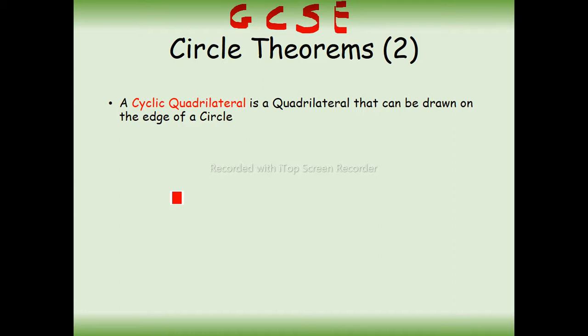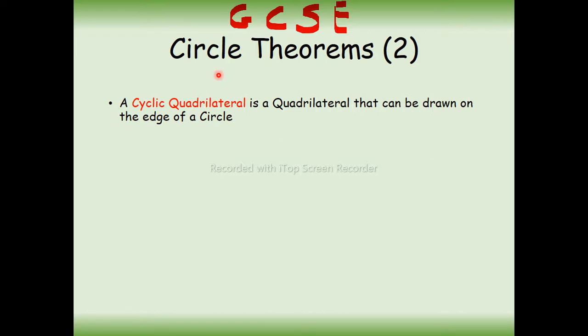All right, so this theorem involves a cyclic quadrilateral. Now, a quadrilateral is a polygon that has how many sides? Four.